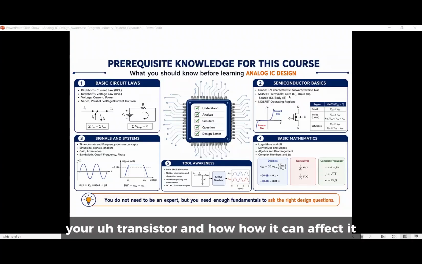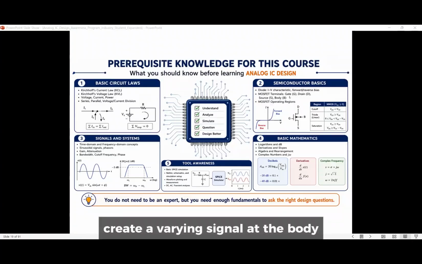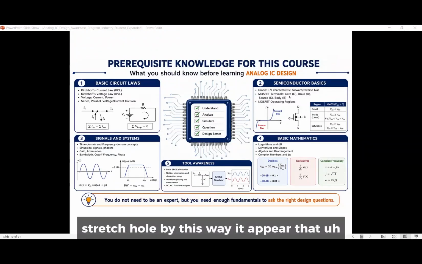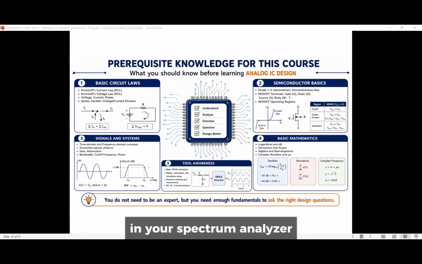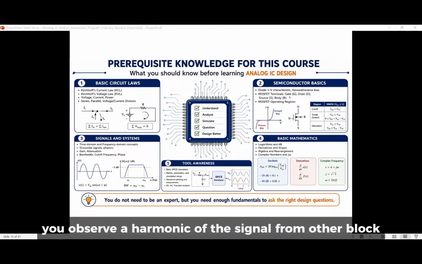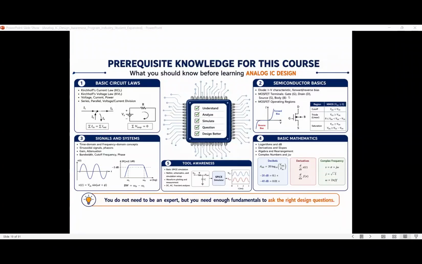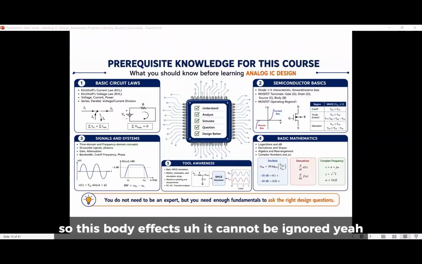It creates a varying signal at the body and tunes your transistor threshold. In this way, in your spectrum analyzer you observe a harmonic of the signal from another block. So these body effects cannot be ignored.